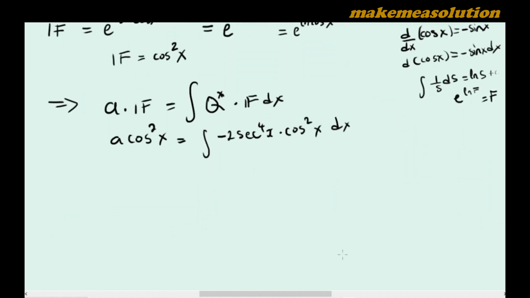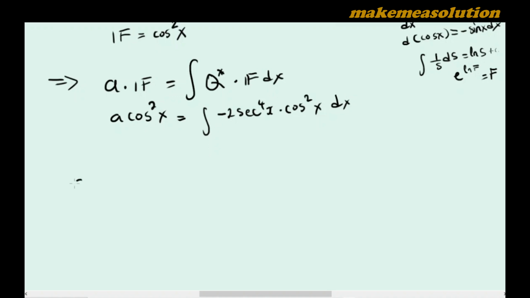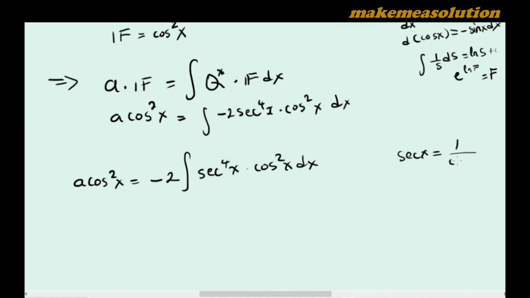So let's see what we're going to get. We have a cos squared x is equal to, if I bring out the minus 2, integral of sec 4x cos squared x dx. If you can recall that sec x is the reciprocal of cos x, in other words, sec 4x is the reciprocal of cos 4x.